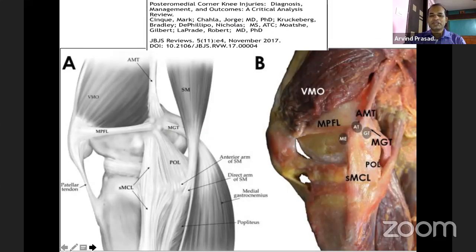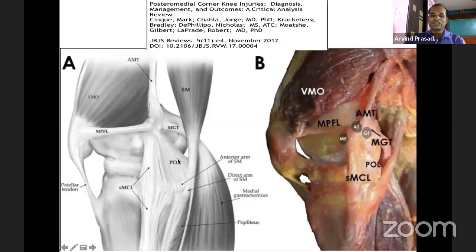The deeper anatomy of the ligaments around the knee should be known when dealing with multiligament knee injury. We can see the superficial MCL starts over the femur, just proximal to the medial epicondyle, and travels around 6 centimeters below the joint line in the posterior half of the proximal tibia.